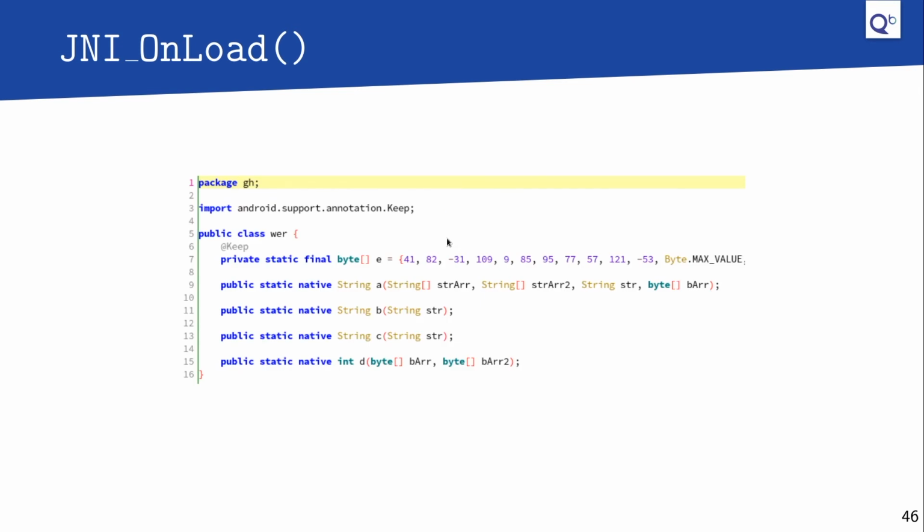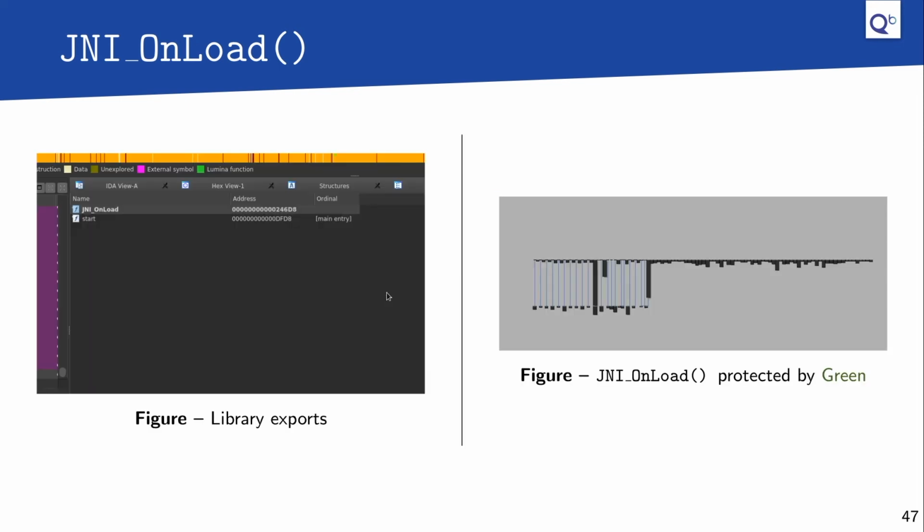In Java, you can declare a native function so that the implementation of this function is located in a native library. So if you want to understand the behavior of the function A, you first need to find the library in which A is implemented, and then you need to reverse the assembly code.